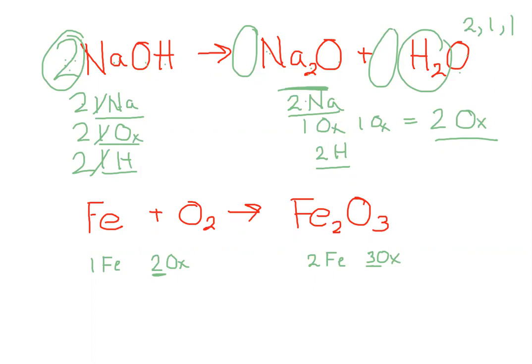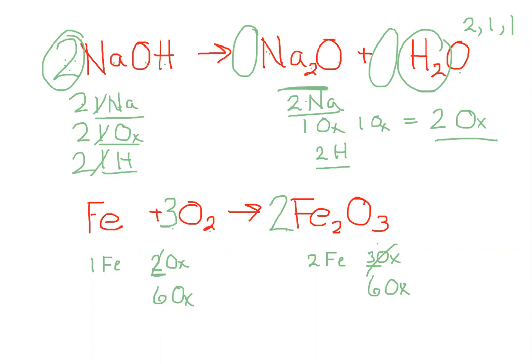So I'm going to just switch them, and I'm going to put a 3 here and a 2 here. That gives me 6 oxygen because 3 times 2 is 6. And over here, that gives me 2 times 3, 6 oxygen. So now my oxygens are balanced.